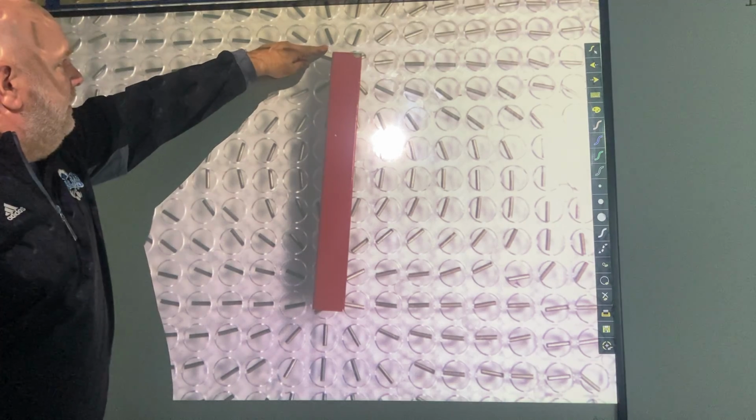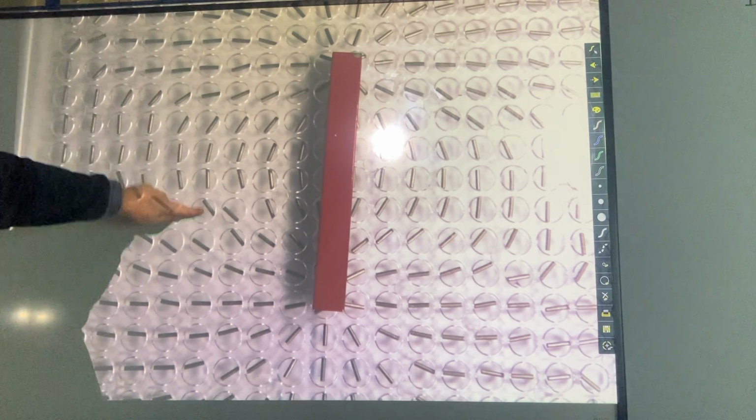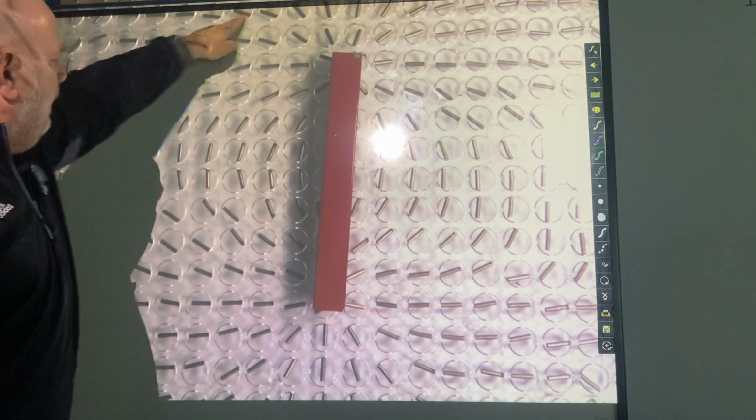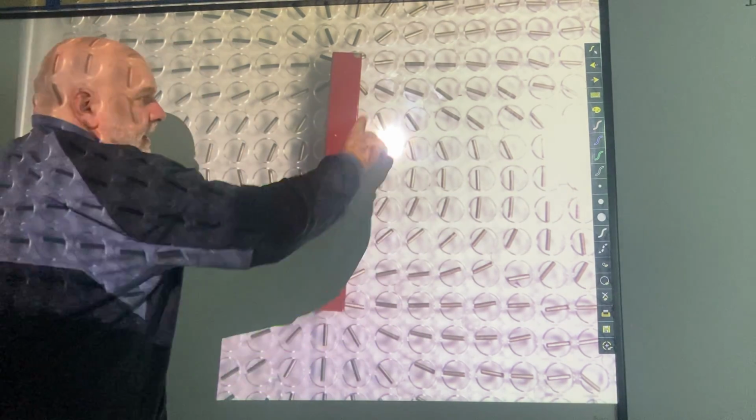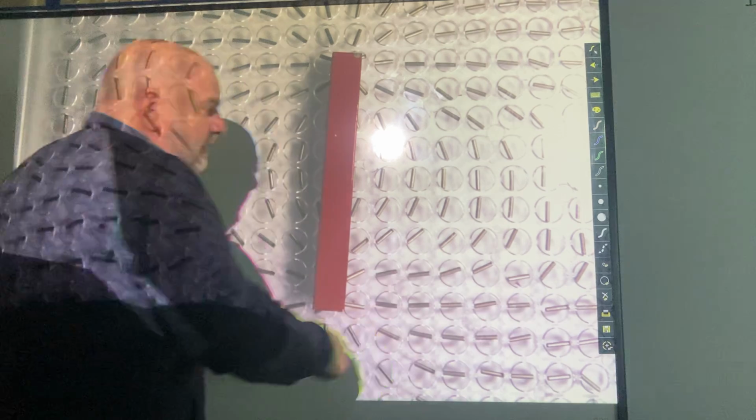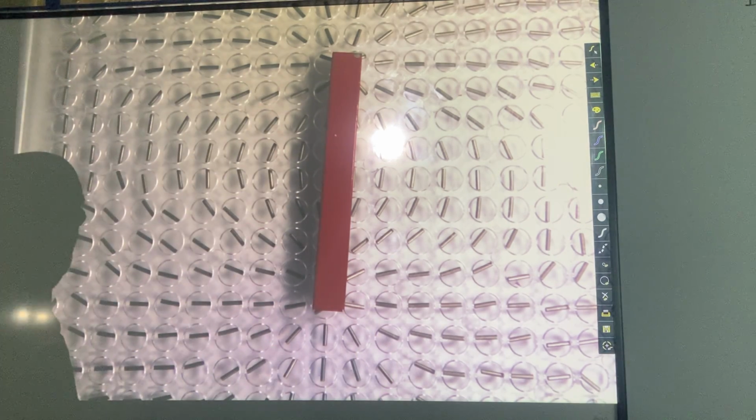If you look at all these things, they're all kind of lining up like that, like that, like that. That's the magnetic field around this bar magnet.